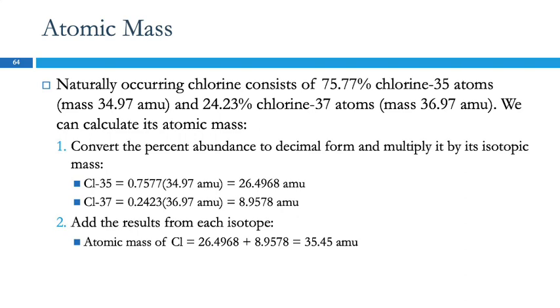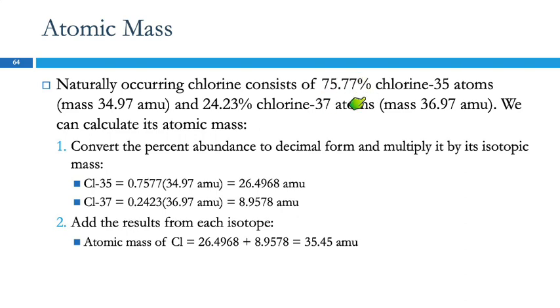But unlike, say, taking an average age or an average weight of the class, here we have a limited number of choices, right? So for chlorine, there's only two things. So instead of adding 34.97 50 gazillion times and adding 36.97 20 gazillion times and dividing by 70 gazillion, we're going to use what's called a weighted average.